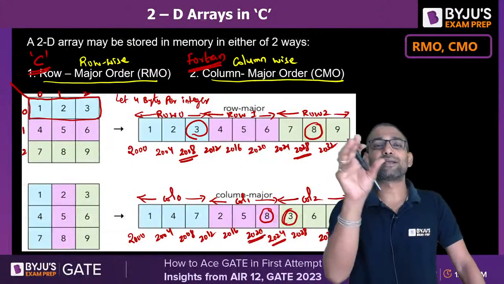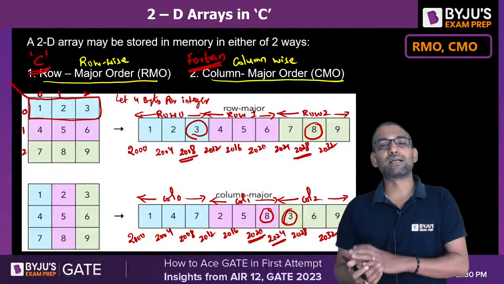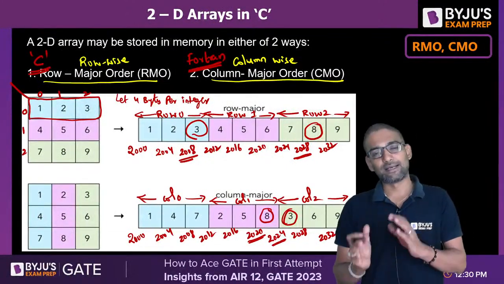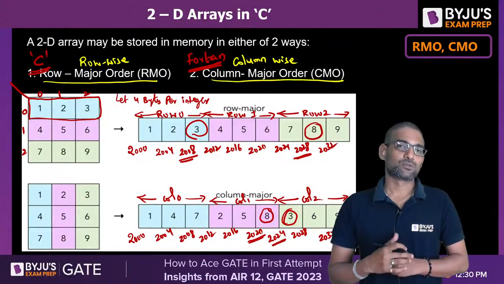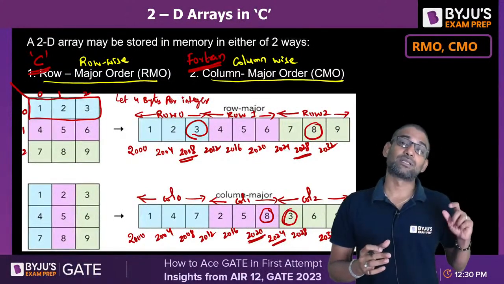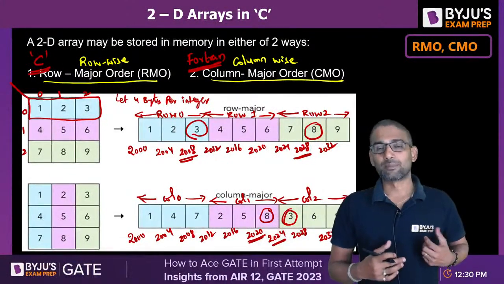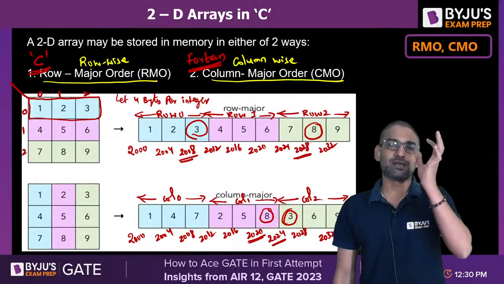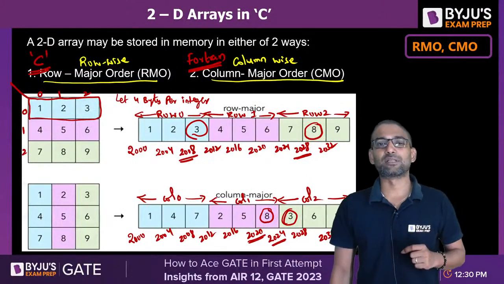I'll tell you how I can find the address. That is what we will see in the next class. How I can find the address of an element in a 1D array, in a 2D array, both. I'll tell you how to find. Okay, so you are curious to know how to find the address when starting with some other index than 0, 1. Sometimes we will be given indexing starting from, let's say, -3 for the row and -9 for the column.